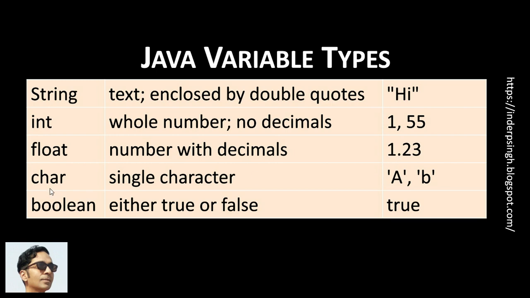Then there is a char, which is for a single character. It can be like a capital A, lowercase b, and note that in char it is enclosed by single quotes on both sides, here also. And there is a boolean data type, which can be either true or false. Example of a boolean value is true.